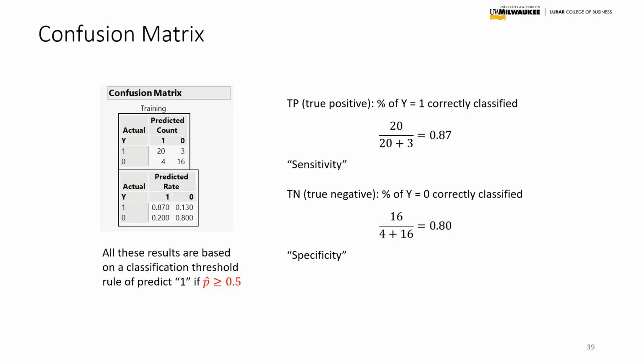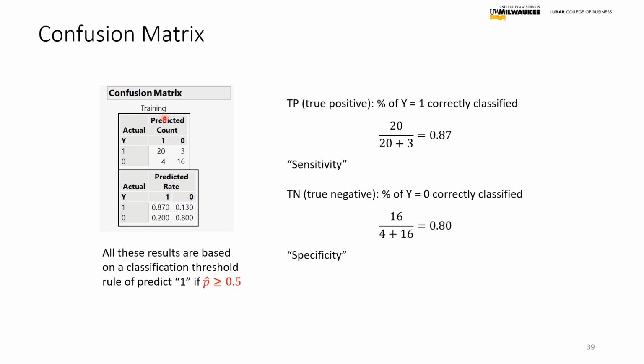Here's what we get. We get a matrix of counts and a matrix of rates. Let's take a look at the counts. On the columns, we have predicted. On the rows, we have actual. Consider the case of the actual observation being 1. There were 23 cases of that occurring in the data set.